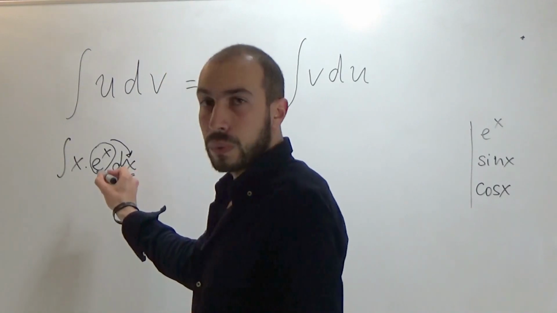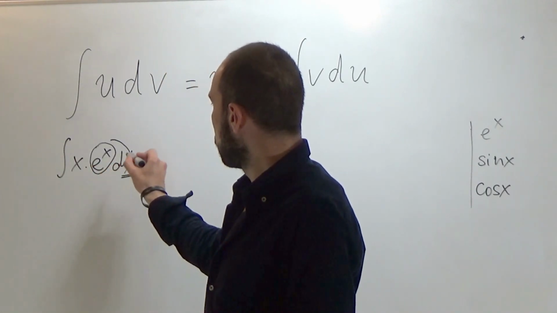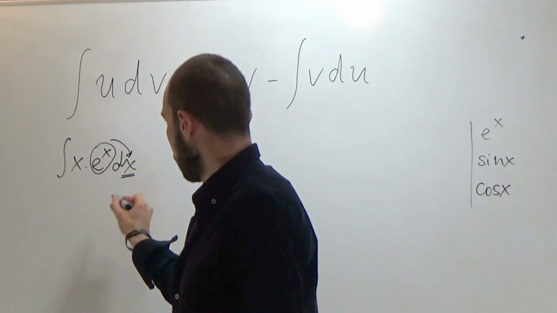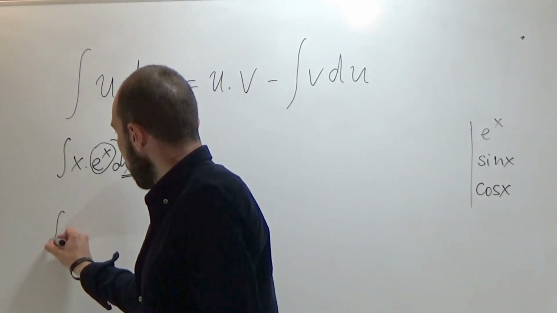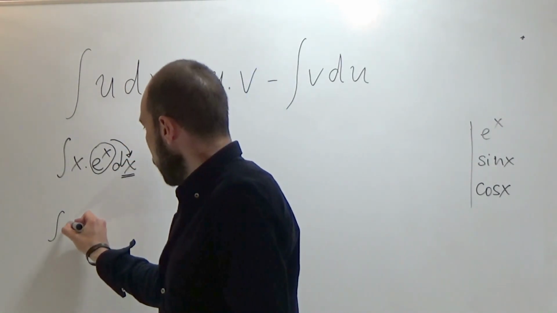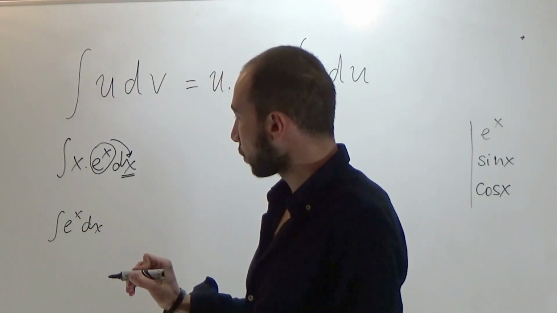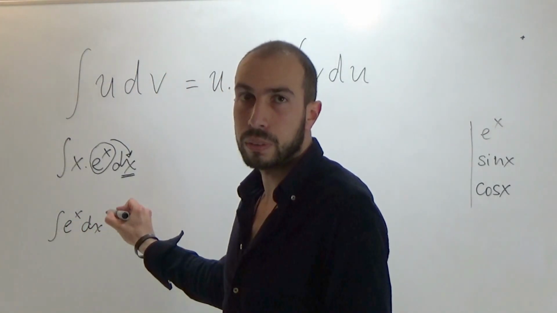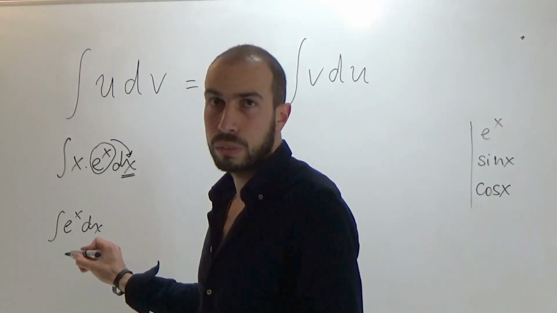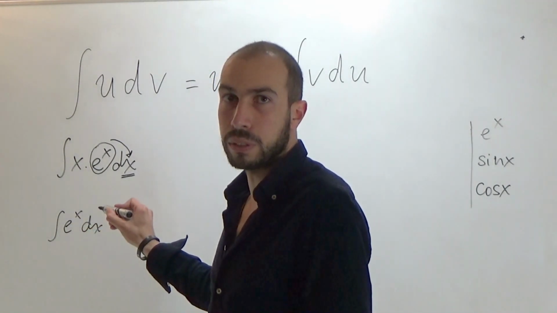In order for this function to be placed here after the sign of the differential, we have to calculate this integral. But we know this integral from the table of basic integrals.